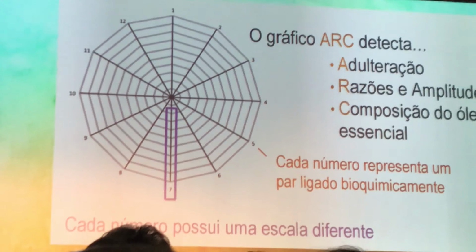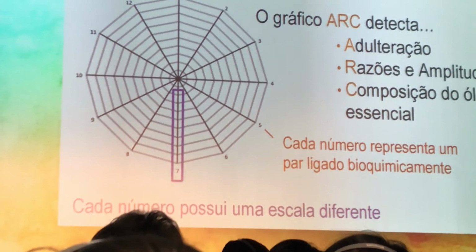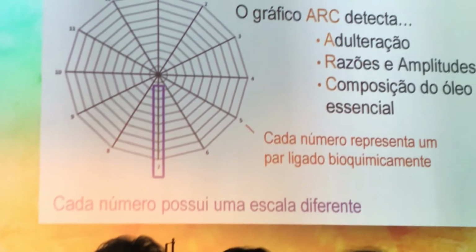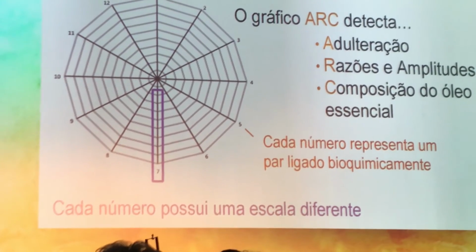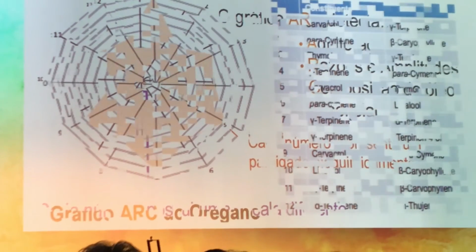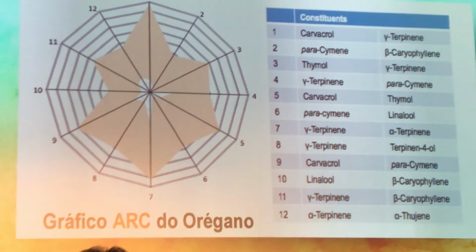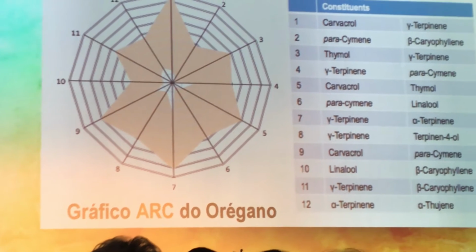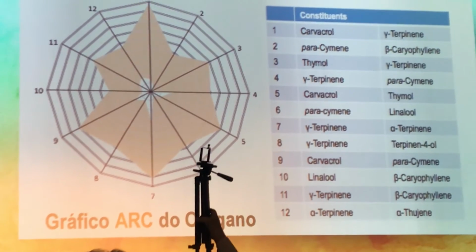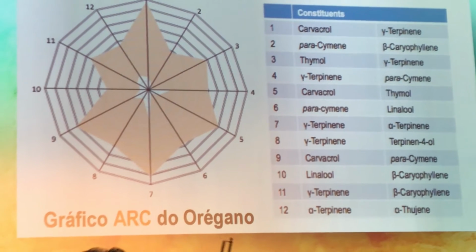Now, the other thing that's valuable here is that each number pair, each biochemical pair, is its own representation. It has its own unique fingerprint. If we look at, for example, oregano essential oil, and we plot out our oregano, which we know is 100% pure, you can see the biochemical pairs.